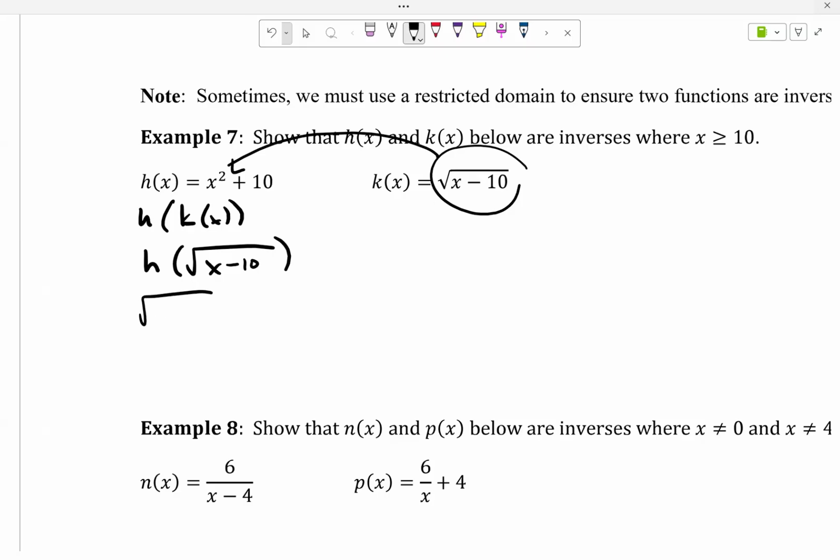So I have square root of X minus 10. Do I really need to do all this work to show that these two are inverses? Yes. I showed you the function machines and everything. Yeah, this is exactly what I need to see. This is the only way to show that they're inverses.